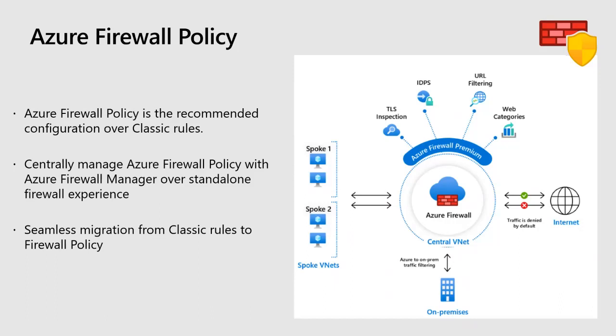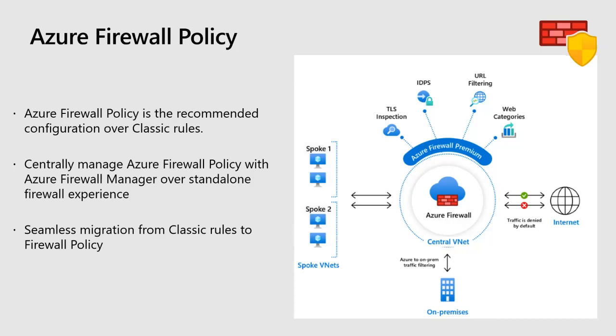The other major benefit from moving over is the overall central management experience you will get from Firewall Manager over a standalone firewall configuration experience where you'll have to go to each and every firewall to manage all the rules and all the settings there.